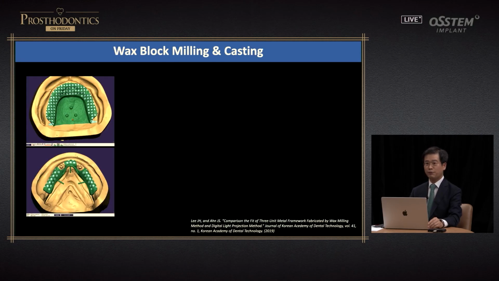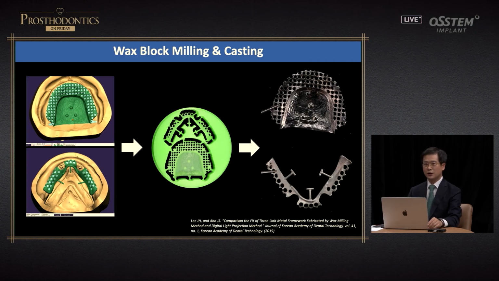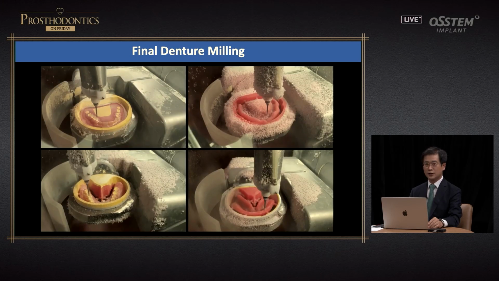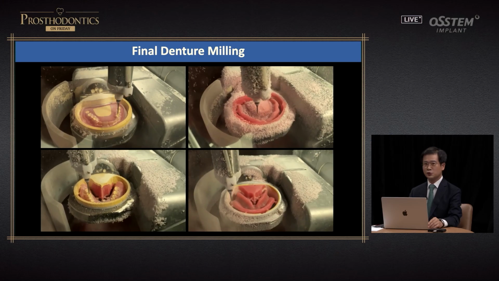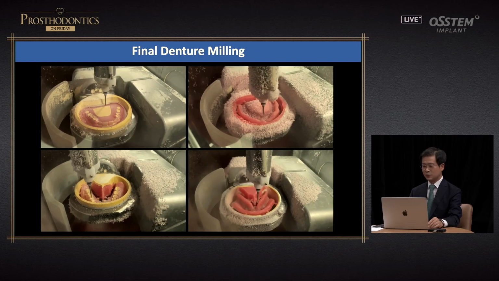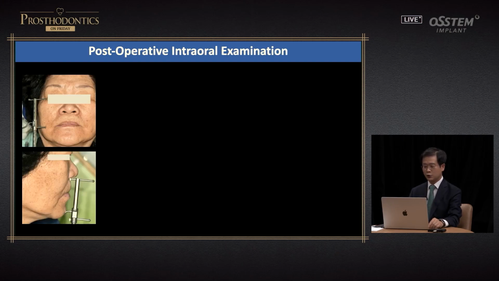After that, we make it digitally. For the metal framework, I design it, and mostly I do wax block milling and then cast it. The denture elements are milled and the pink resin is cured and polymerized, and then another milling creates the final denture with a metal framework. So it is finished and delivered to the patient.